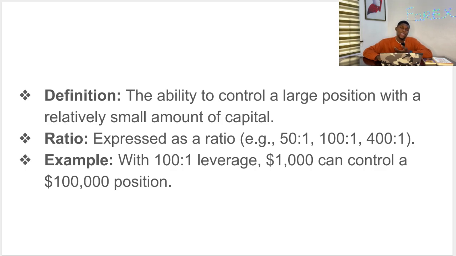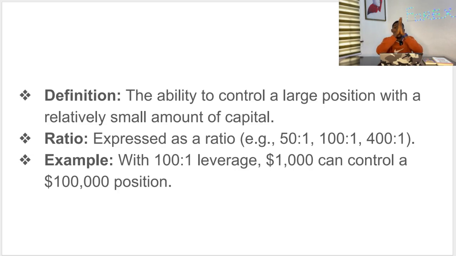Leverage. What is leverage? I explained leverage before in our earlier video. The definition of leverage is the ability to control a larger position with a relatively small amount of capital. So if you have a little capital, leverage helps you make trades like you have a big capital. There are different ratios in leverage, for example 50 to 1, 100 to 1, 400 to 1.